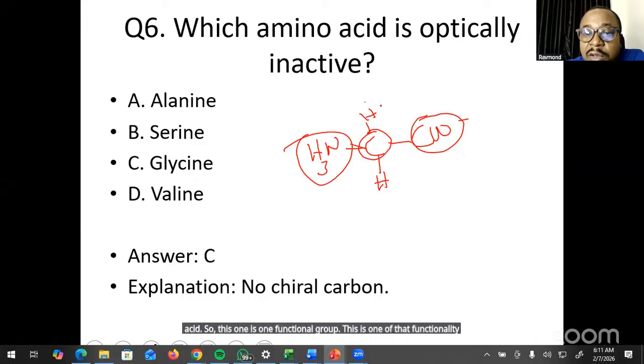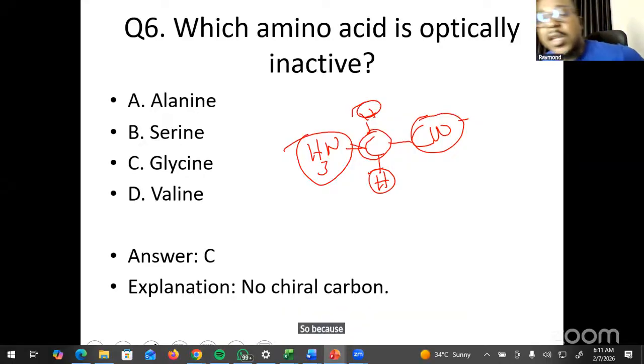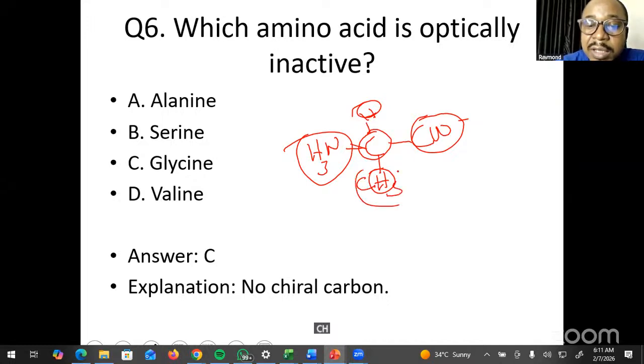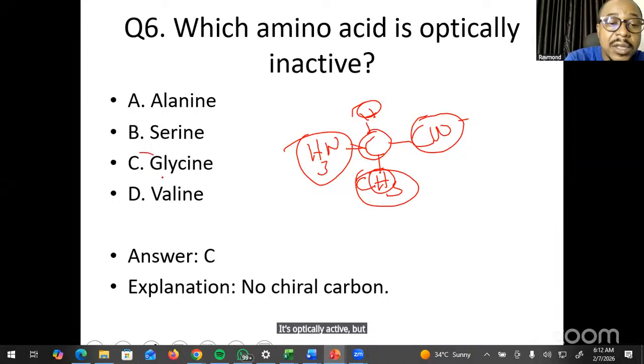But there are 2 hydrogens here. Because there are 2 hydrogens, we say the molecule has no chiral center. If we had CH3 here, it would be another group, so it would be 4 different groups. So alanine is optically active, but glycine is optically inactive.